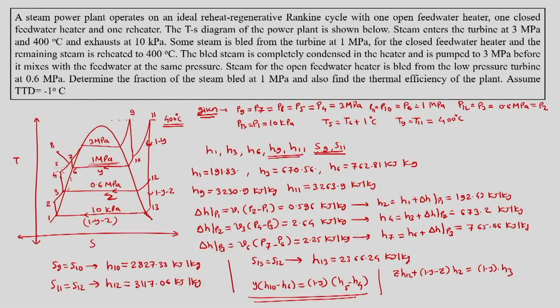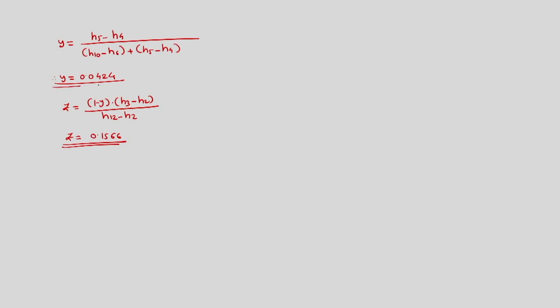So this is the energy balance for the other feed water heater. Knowing this, we can find out Z, and Z turns out to be 0.1566. So this is how we have found out the mass fractions.